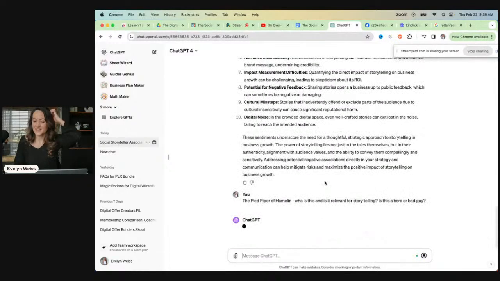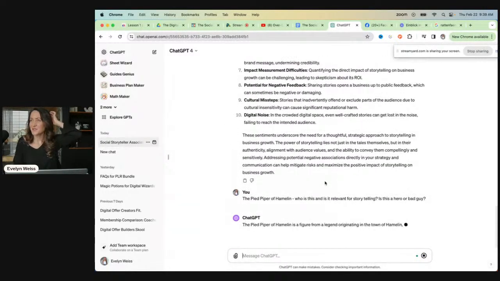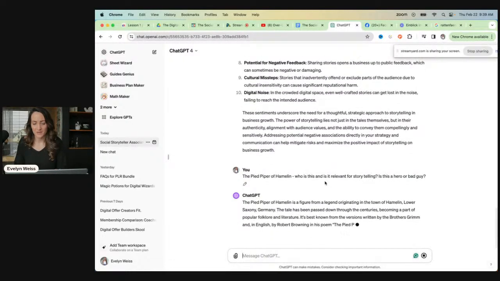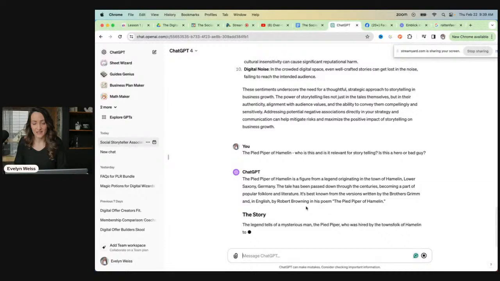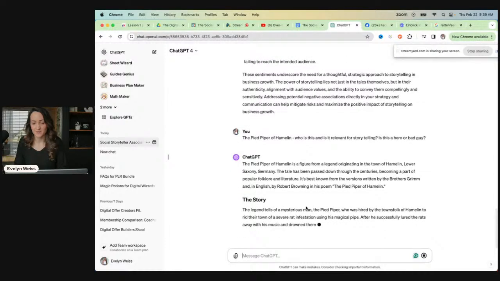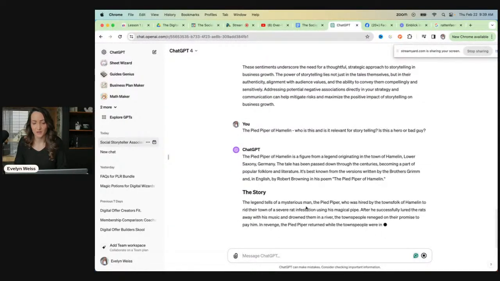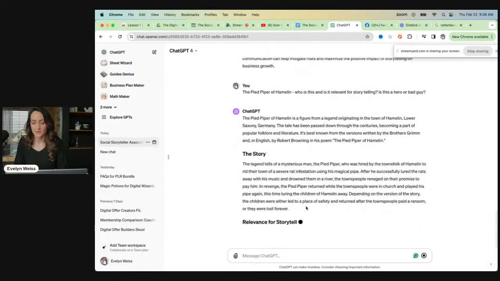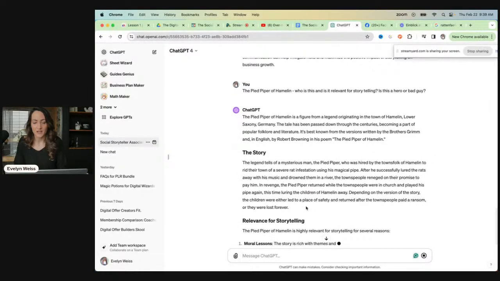Just need to recall my memory. So it's a figure from a legendary origin town, Hamelin, in Germany. The tale has passed down through centuries, becoming a part of popular folklore. The legend tells of a mysterious man, the Pied Piper, who was hired by the townsfolk of Hamelin to use his magical pipe.